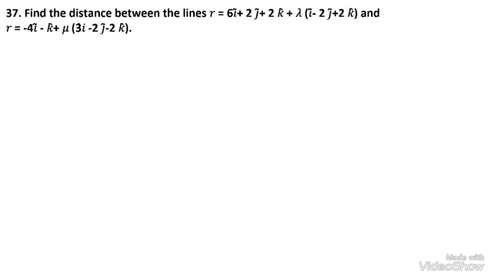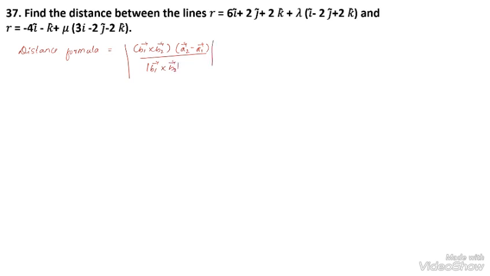Now we know the distance formula. First, I can write the distance formula for vectors. That is, magnitude of (v1 vector cross v2) dot (vector a2 minus vector a1) divided by the magnitude of (v1 vector cross v2).